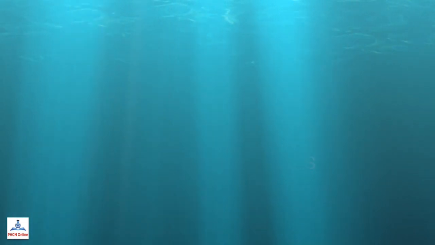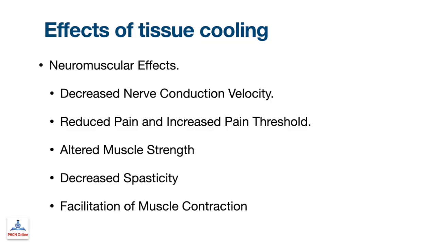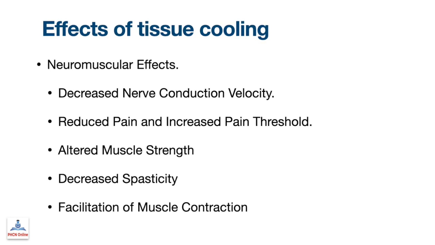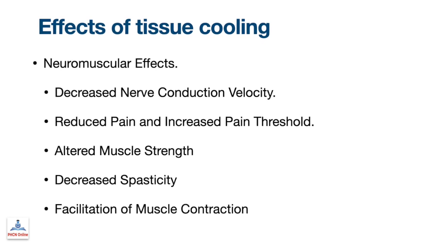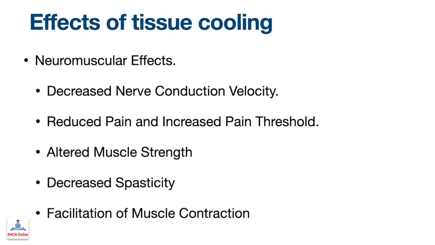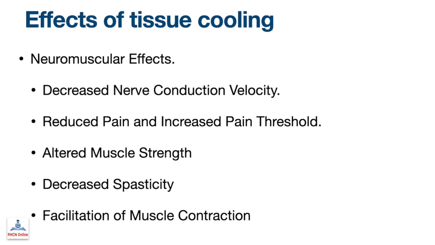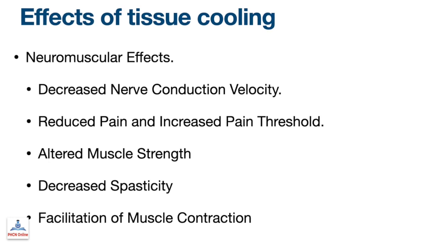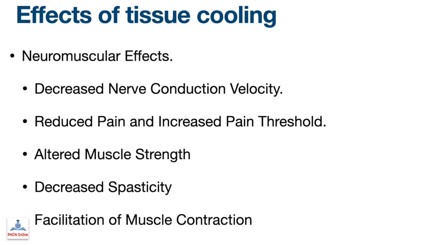Neuromuscular effects. Cold has a variety of effects on neuromuscular function, including decreasing nerve conduction velocity, elevating the pain threshold, altering muscle force generation, decreasing spasticity, and facilitating muscle contraction.